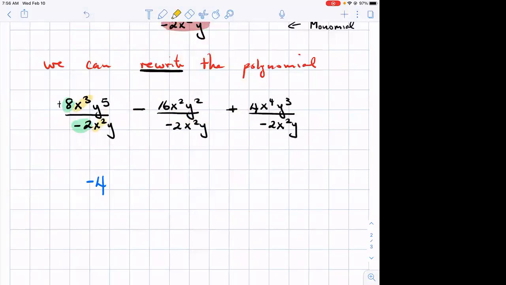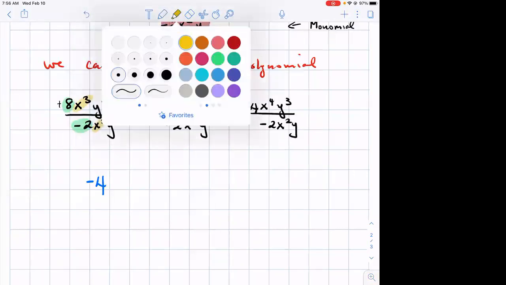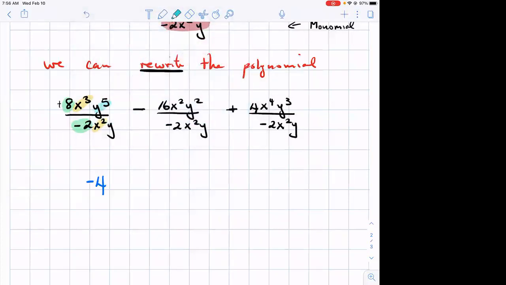We have x, whose bases are the same, and y, whose bases are also the same. Subtracting, this becomes x to the 3 minus 2, which is 1, and y to the 5 minus this invisible 1, which becomes 4.